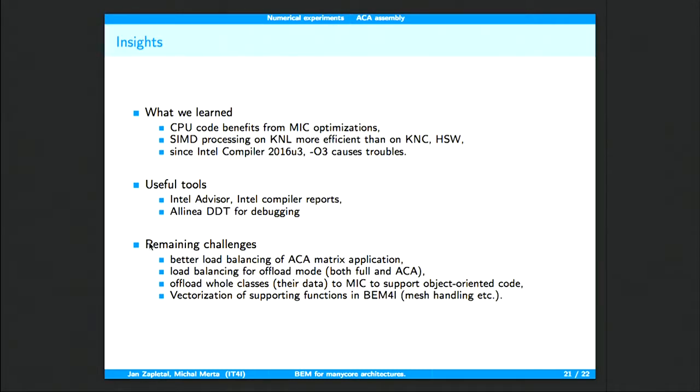So what I would like to do is to have the offload code in a more object-oriented fashion. The problem a bit is that I haven't seen any tutorial on the offloading with C++ codes. It's only Fortran or pure C.